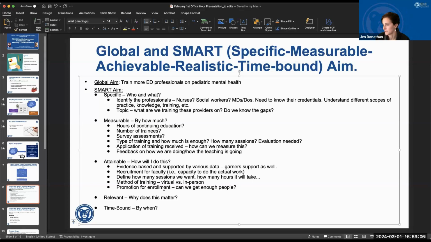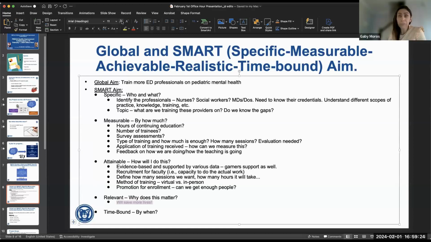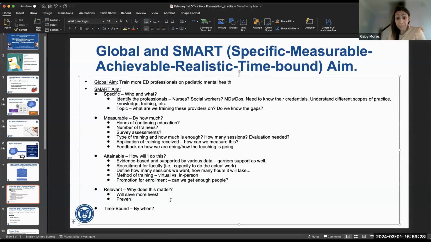Good. All right, are we ready for relevant? Why does this matter? We will hopefully save more lives. We'll prevent physician burnout in the ED space.